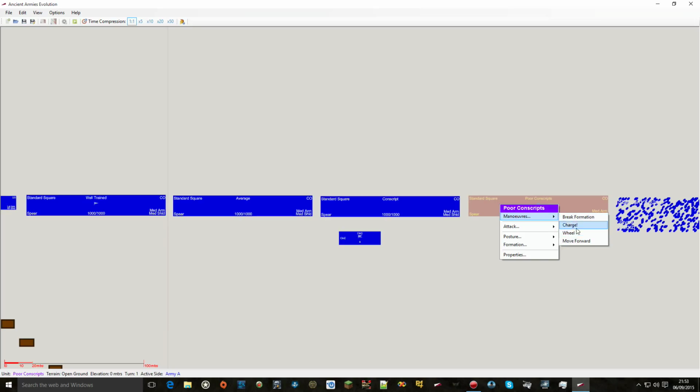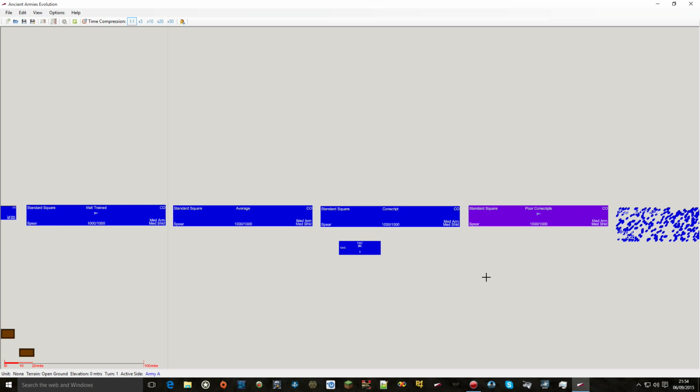And more to the point, the actual maneuvers themselves are editable within the army editor. So I've set this unit up here so that whenever he attempts any of these maneuvers, he'll actually break formation very quickly.